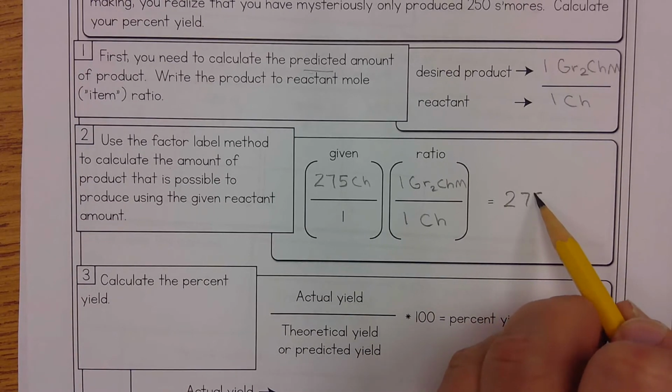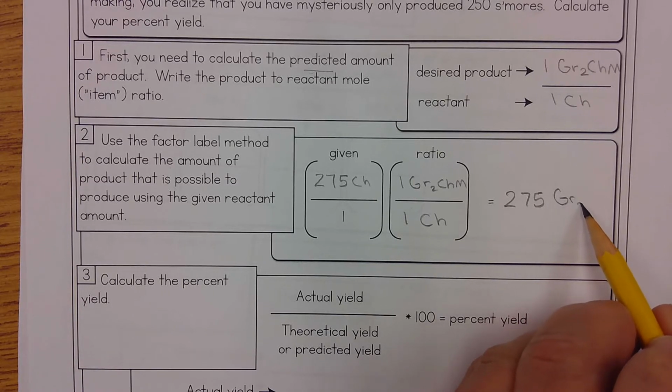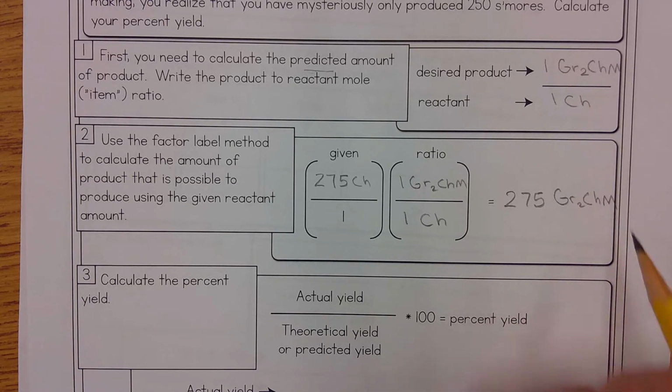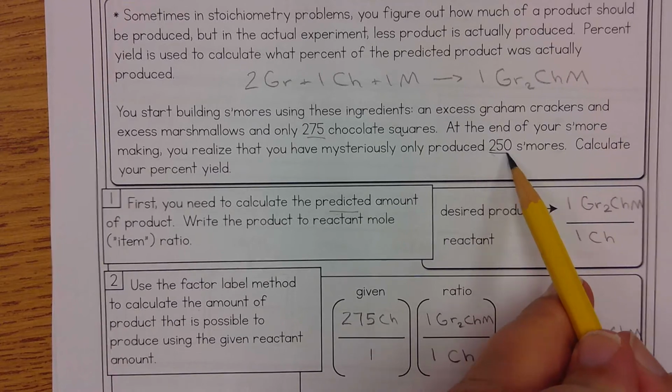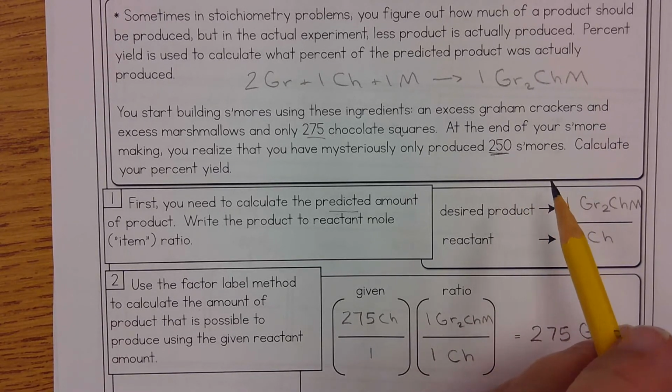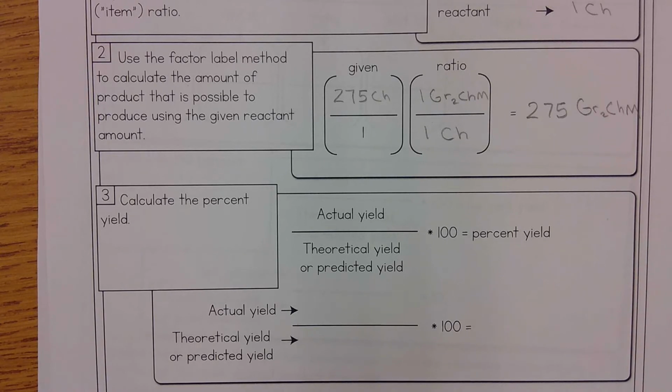We should have been able to make 275 s'mores, right? So theoretically, we should have made 275. We only made 250. For whatever reason, we lost 25 squares of chocolate somehow. So we couldn't make as many s'mores, right?